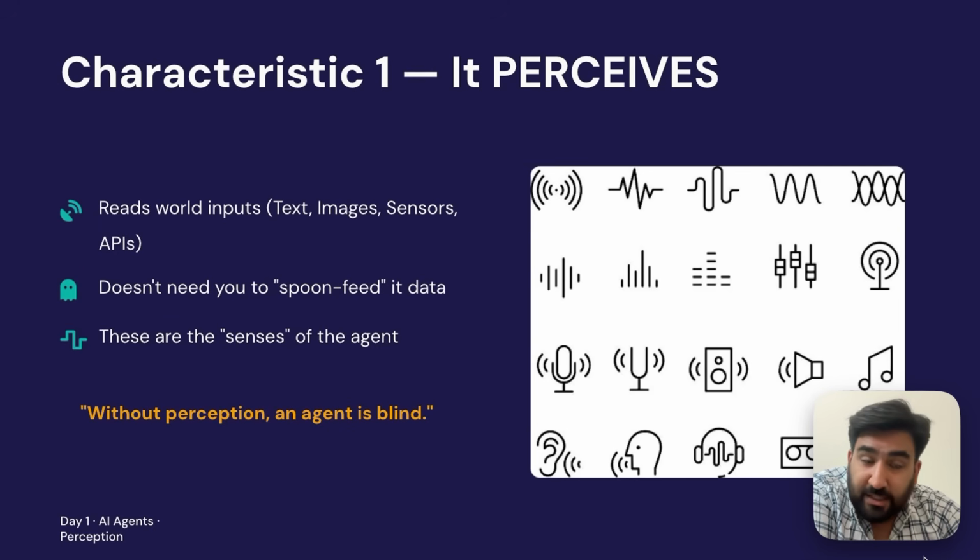So if the agent is defined by perceive, decide, act, let us go through the characteristics one by one. Characteristic number one: look at the eye on the right side of the slide. An agent has to be able to read its environment. That could be text, like emails or chat. It could be an image, like a security camera feed or a screenshot of the screen.